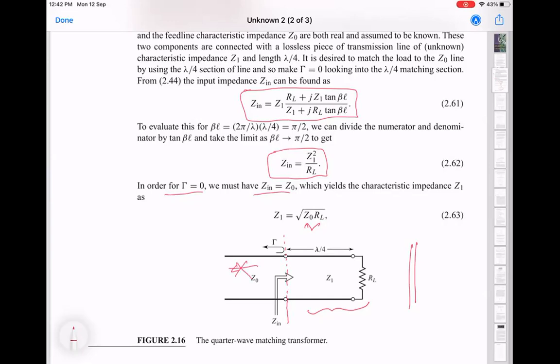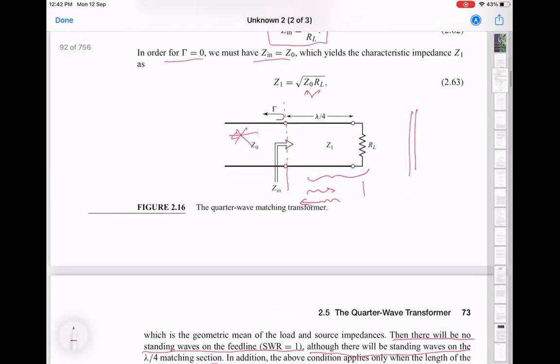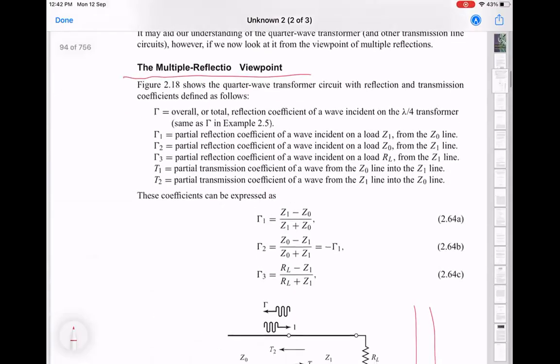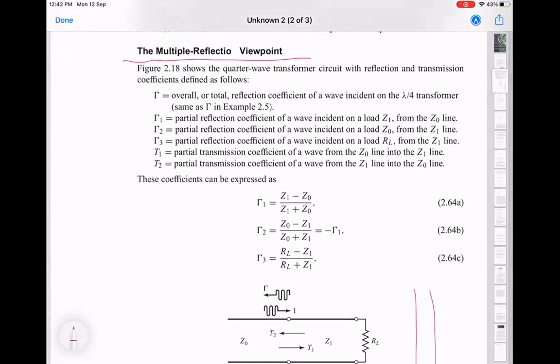However, in between these 2 points, there are waves going both in this direction and in this direction. So there will be standing waves in that quarter wave transformer section, and it's the interference between those waves which can also be thought of as giving rise to this behavior. This is again just instructive to think about, but not really useful. In some cases, it comes in handy to get an intuition for what is happening.